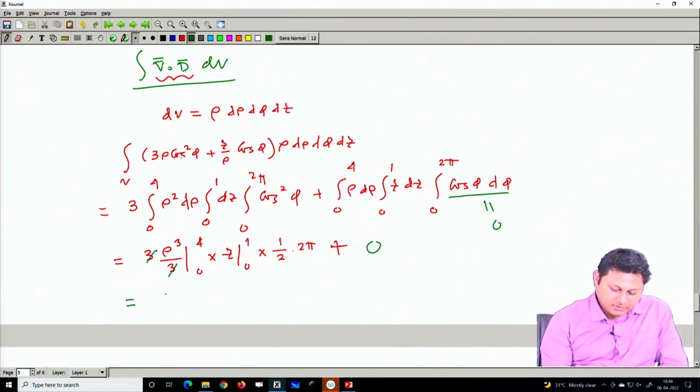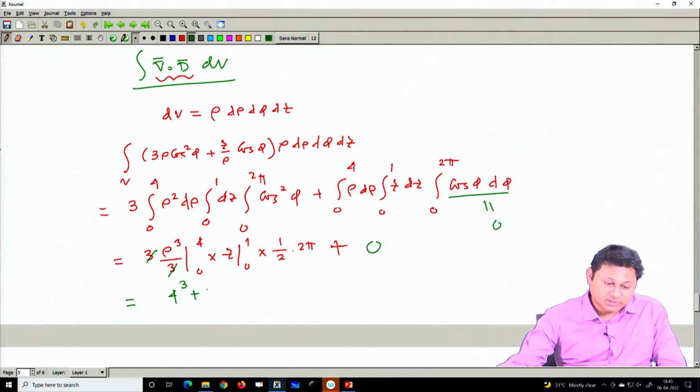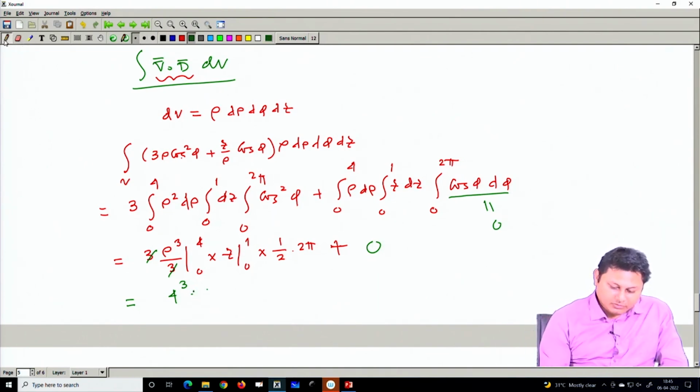So, we have 4 to the power 3, multiplication by 1 and multiplication by pi, which is nothing but 64 pi.